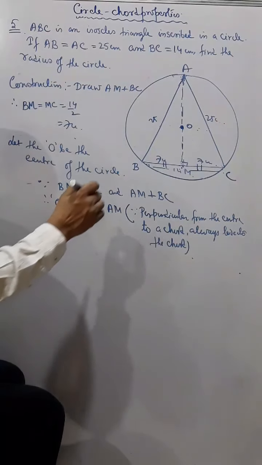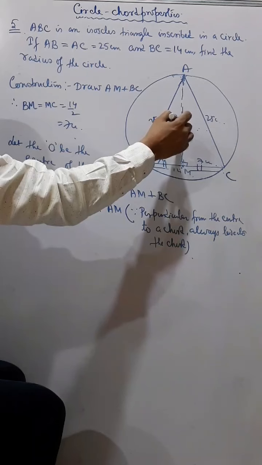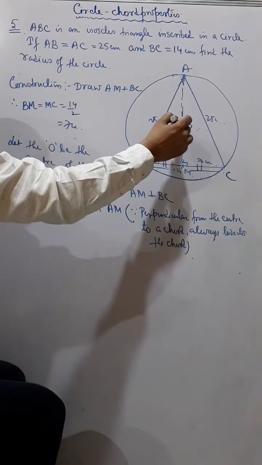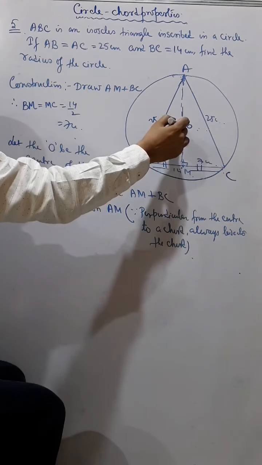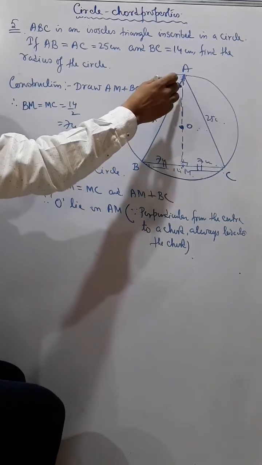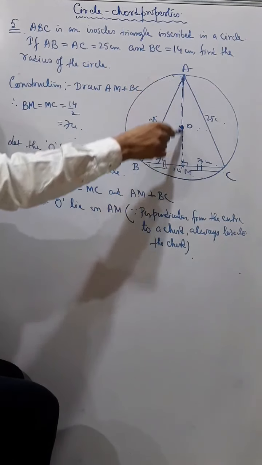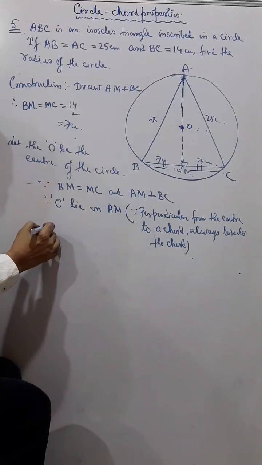And now we have to find this radius. Before finding the radius, we will find AM by using Pythagoras theorem.